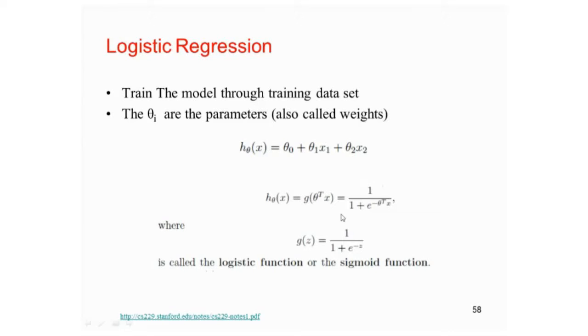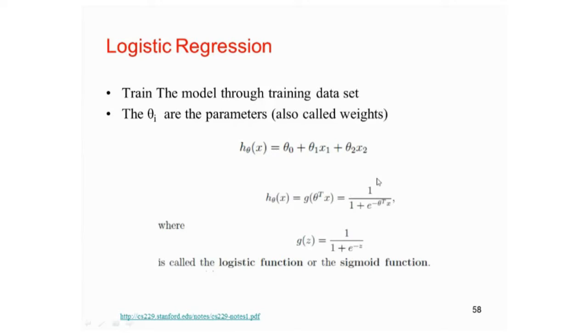Here we need the binary value, means we try to classify into two classes. This should work as the binary classifier. So here we will use the logistic function, or you can say the sigmoid function.